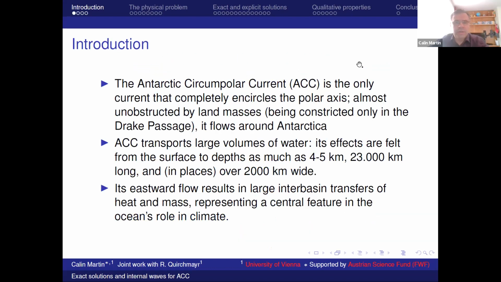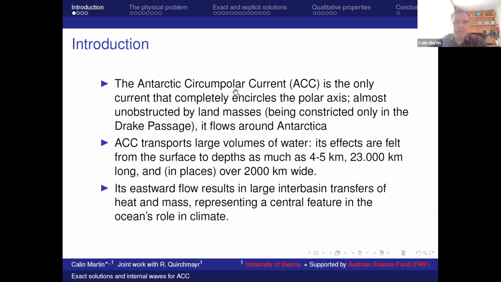So we were somehow amazed by the Atlantic Circumpolar Current (ACC), mainly by its properties. This current is the only current that completely encircles the globe.